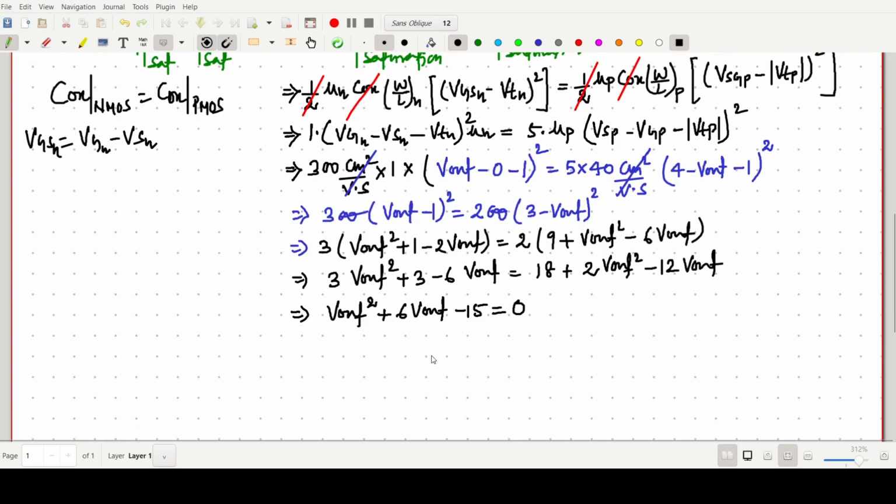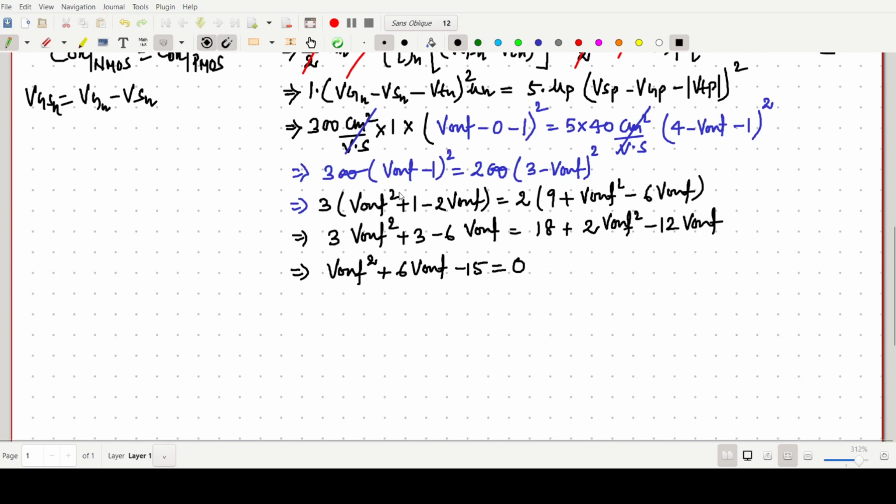So this one is the quadratic equation. Okay, so now we have to use the concept of quadratic equation to solve this problem. So V output equals to minus b, so I am writing directly minus 6 plus or minus square root of b square. So b square is our 36, minus 4 a c, a value is 1, and c is minus 15, divided by 2a, so 2 into 1.